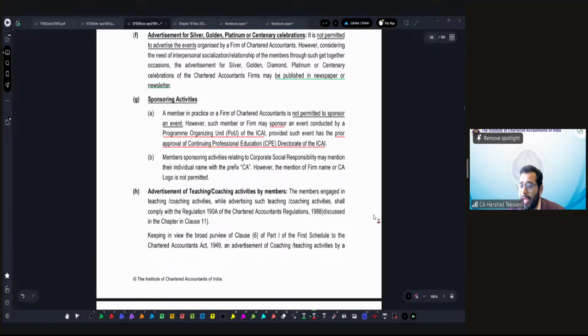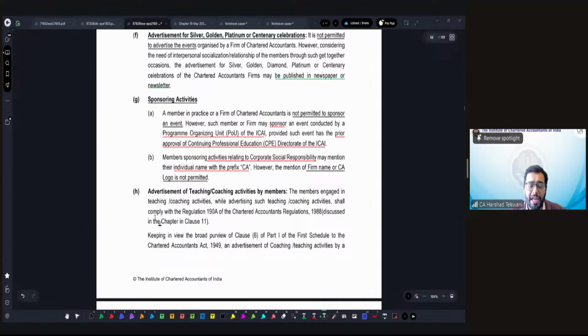In a CSR activity, you can mention your individual name or prefix CA, but you cannot mention the name of the firm or CA logo on the CSR activities. In case of sponsoring activities, usually not permitted. That's the general rule. But POU of ICAI with approval of the CPE Directorate is permissible. Activities relating to CSR, name and prefix CA, permissible. Otherwise, it is not permitted.